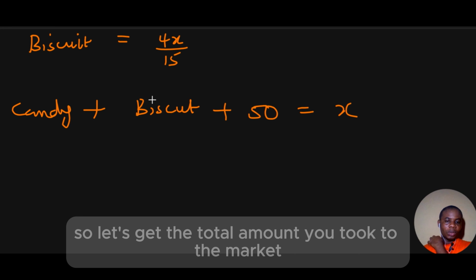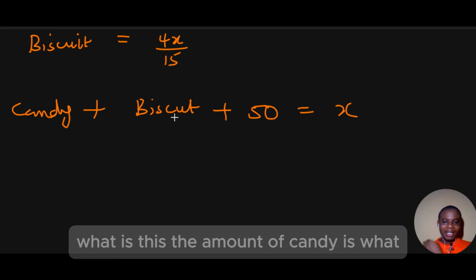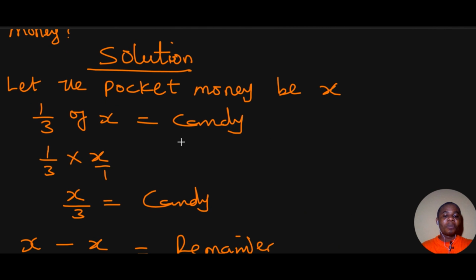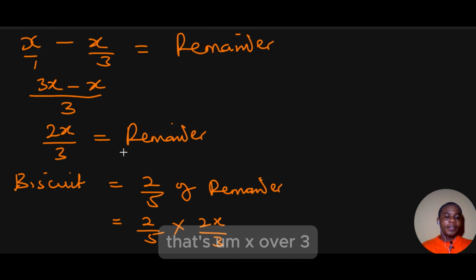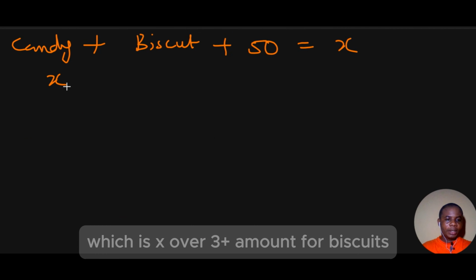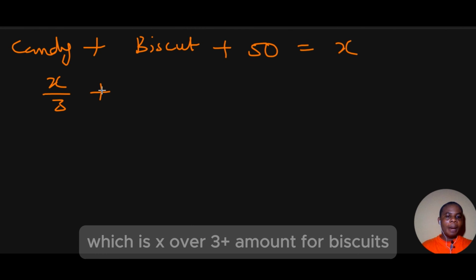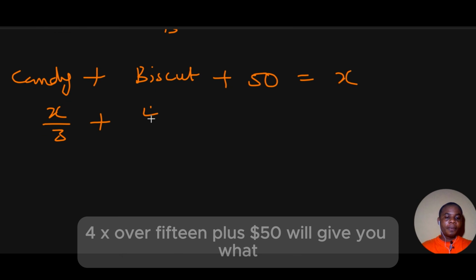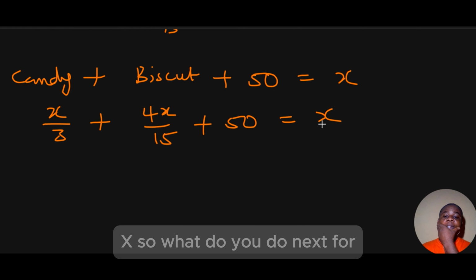So let's get the total amount. The amount for candy is x over 3, plus amount for biscuits, which is 4x over 15, plus $50 will give you what? X.